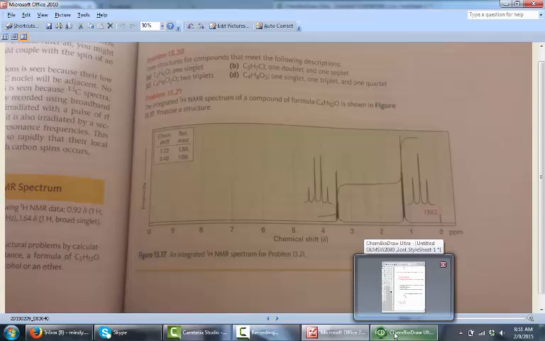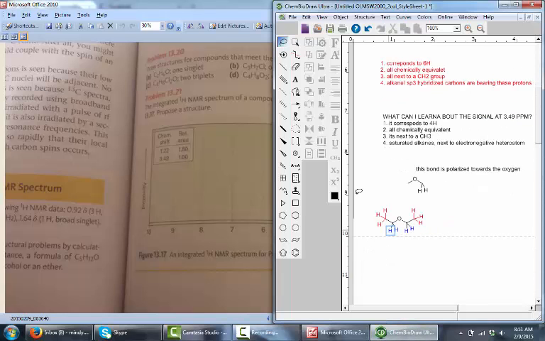And let's just say more generally, what I'm hoping that we'll be able to learn the more problems we do is to recognize common motifs in proton NMR. And in particular, when you see a triplet that corresponds to 3H and a quartet that corresponds to 2H, that almost always means CH2, CH3, an ethyl group. I'll write that down also.